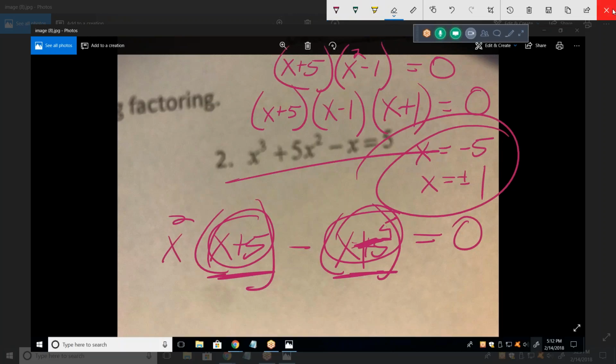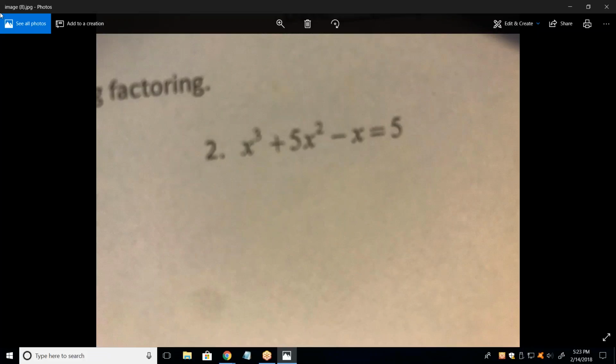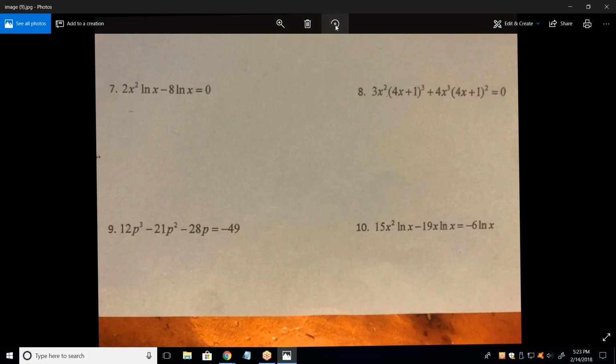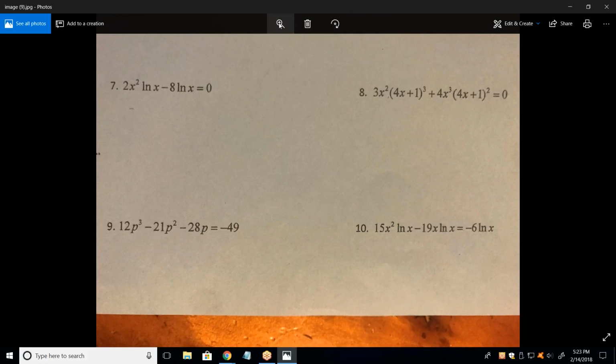All right, let's look at your third page here. Ooh, nice and clear. Clear enough that I can blow it up a little bit again.